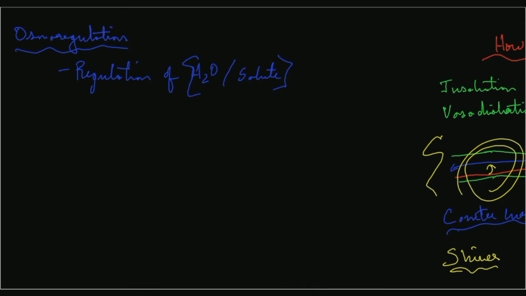That's why when you pee, your pee will be a darkish yellow. That's because the concentration of waste is going to be higher than the concentration of water. It needs a little bit of water to get rid of it, but there's going to be more solute than water.